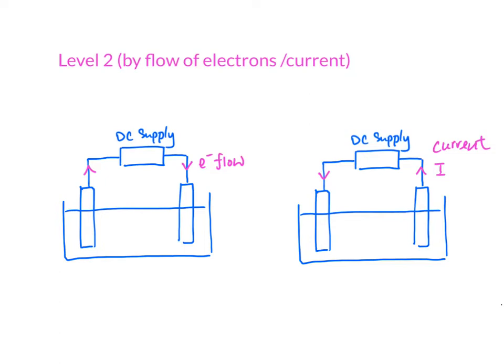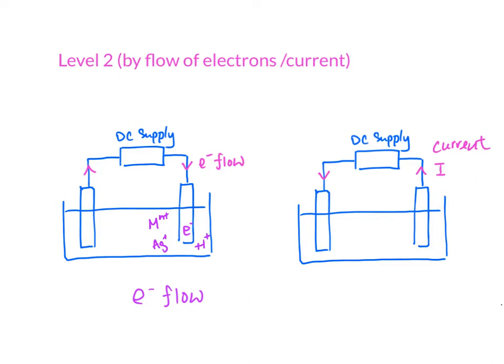When the electrons come to here, they will attract a certain kind of ion. Because this electron is negative, the ion attracted towards it has to be a cation. You'll find that they will be metal cations, for example Ag plus or H plus.